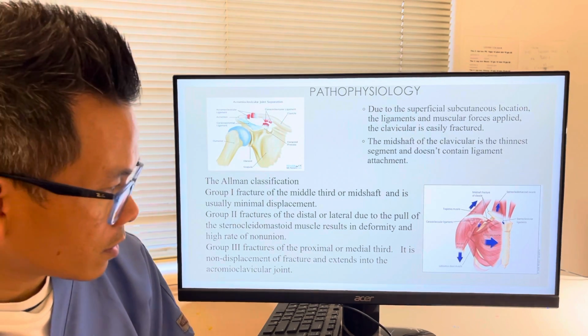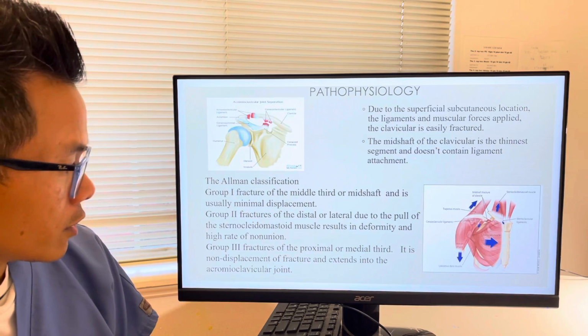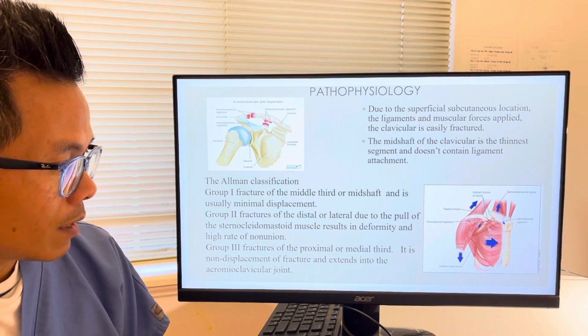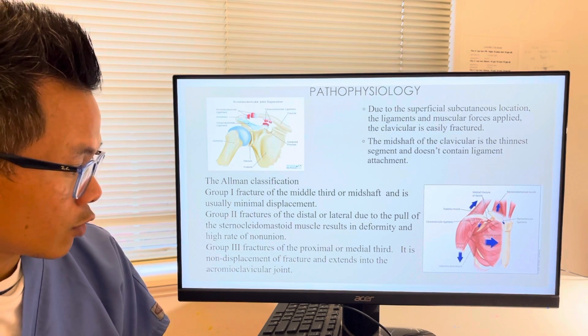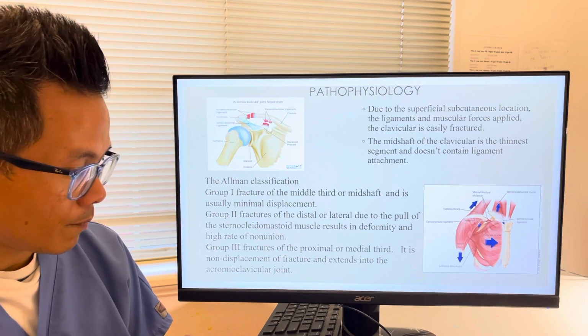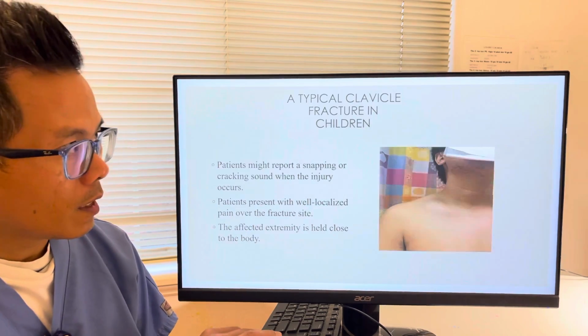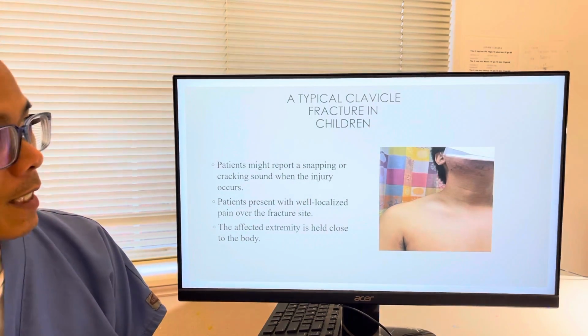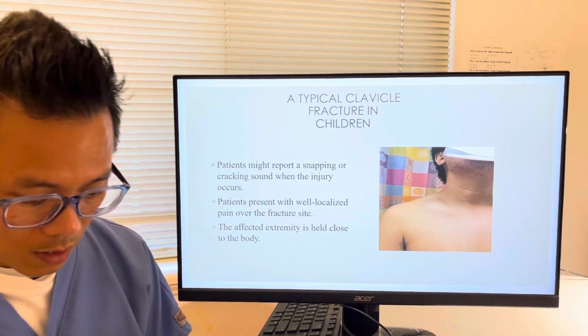Group 3 fracture is proximal and middle third, non-displaced, and can extend to the acromioclavicular joint.